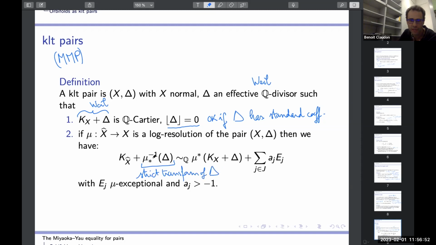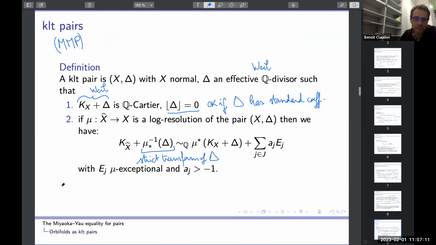Of course, the difference is supported on the exceptional divisor, and we ask that the coefficients appearing here, which are called discrepancies, are strictly greater than -1.